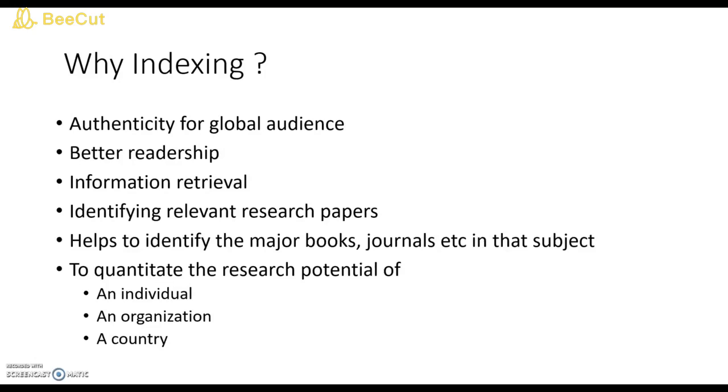Moreover, it also helps in the quantification of the research potential of an individual as an author, of an organization or a country. What does it mean? That means if I put my name on the search engine as an author, what is my research potential? How many research publications have I published in the last 1 year or 2 years or 10 years? So this indexing will give me an idea. Not only as an individual but as an organization, because the affiliation is also mentioned once we index that.